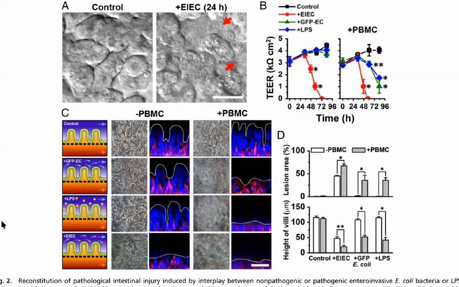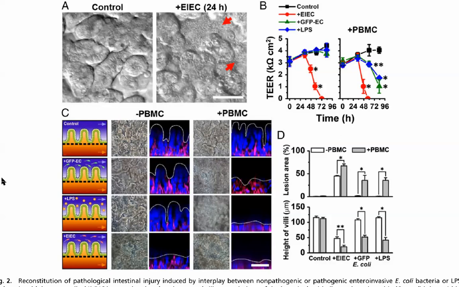So based on the gut-on-a-chip model that Alireza had presented, they were trying to mimic the human intestinal model, and the first thing they wanted to research is the inflammation and injury on this chip.